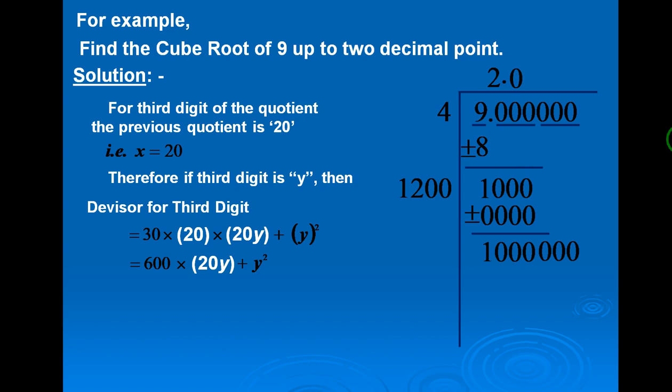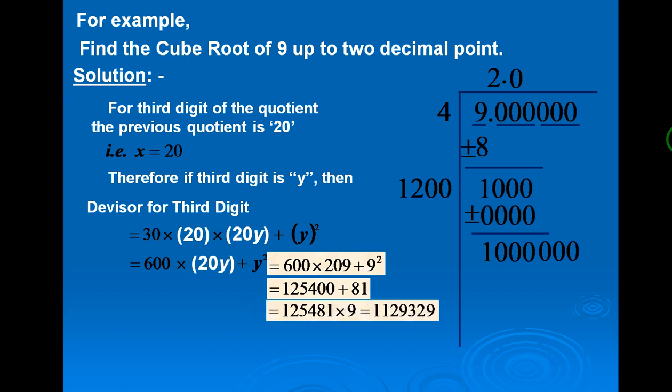For y equal to 9, the divisor is 600 multiplied by 209 plus 9 square, which is 125400 plus 81, equal to 125481.